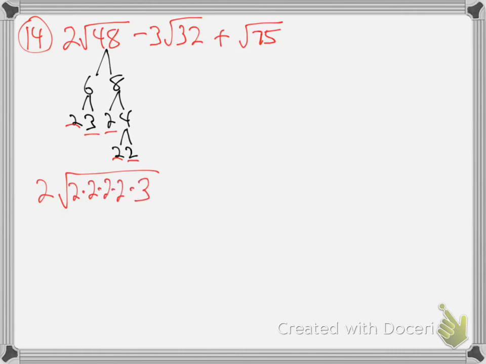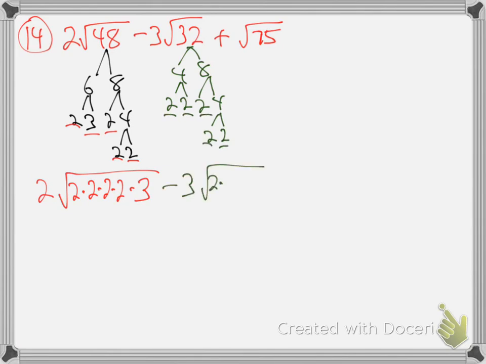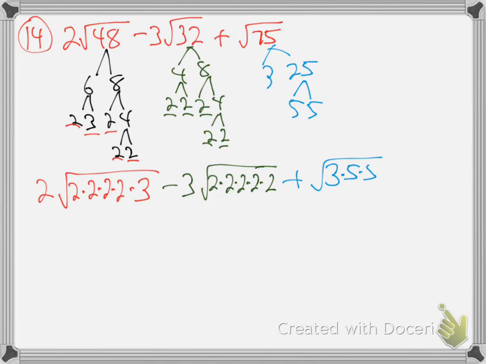Let's do the next one. 32. 4 times 8. 2 times 2, 2 times 4, 2 times 2, 3, 4, 5 2s. And finally, the 75, 3/4 is 75 cents. 5 times 5, so that's plus the square root of 3 times 5 times 5.